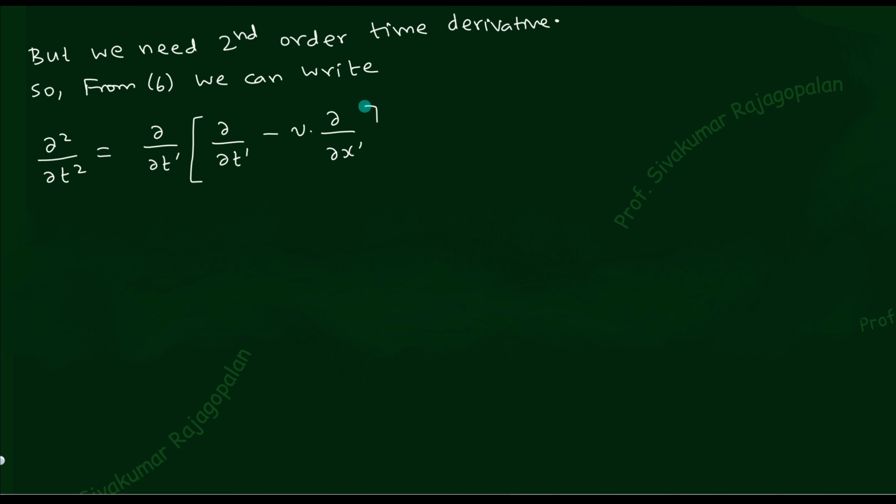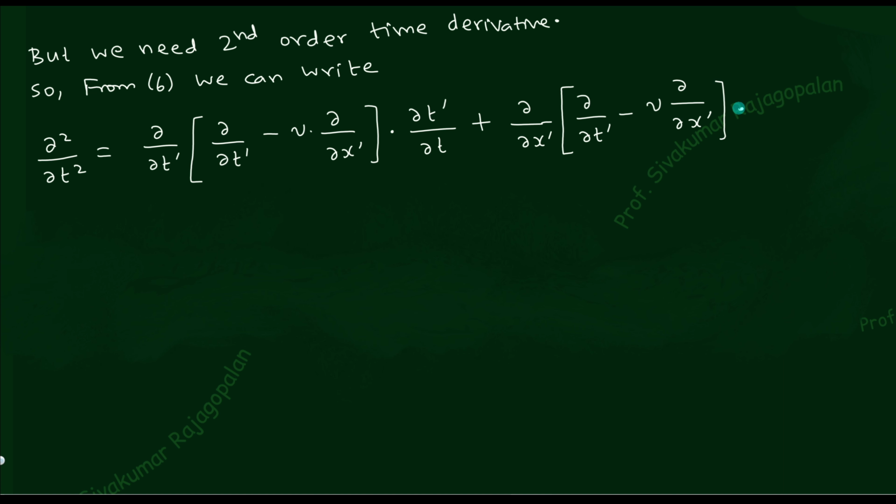Just now you got that in equation 6. Then, because of the chain rule, you multiply ∂t' by ∂t. Plus, similarly, you repeat it for ∂x'. The same idea: copy whatever you got in equation number 6, and then because of the chain rule, multiply by ∂x' by ∂t.